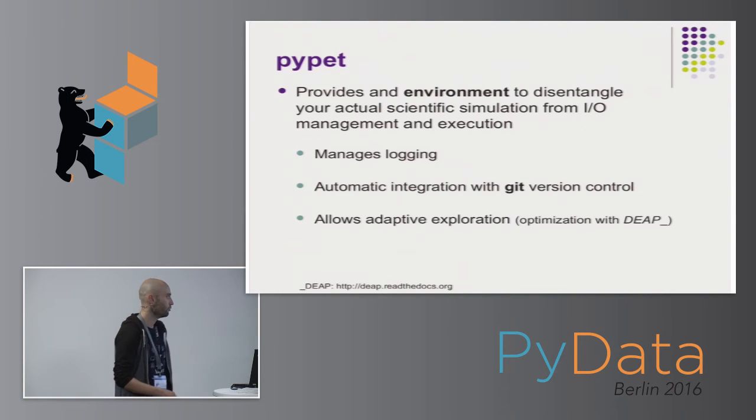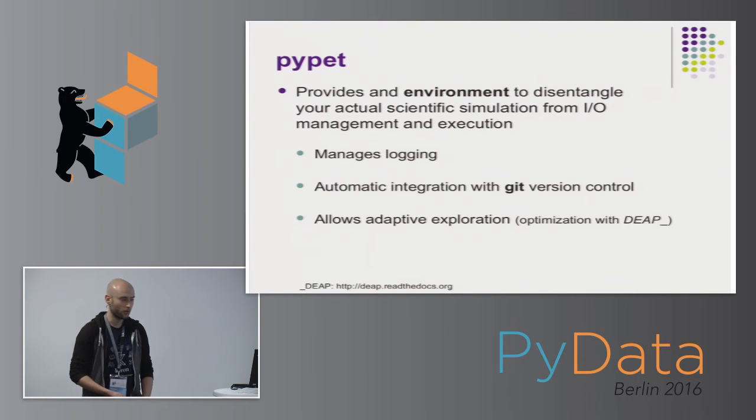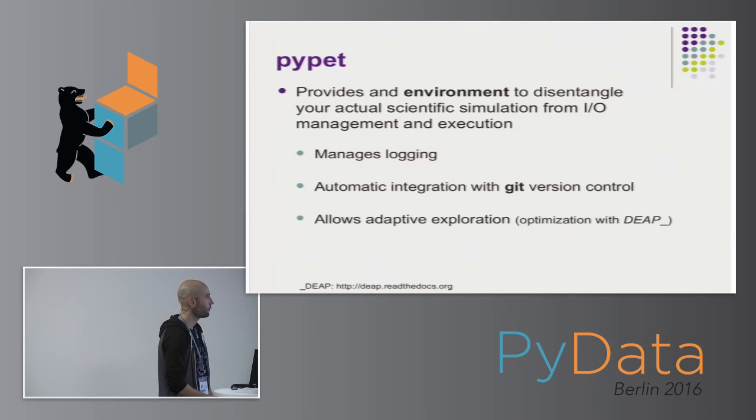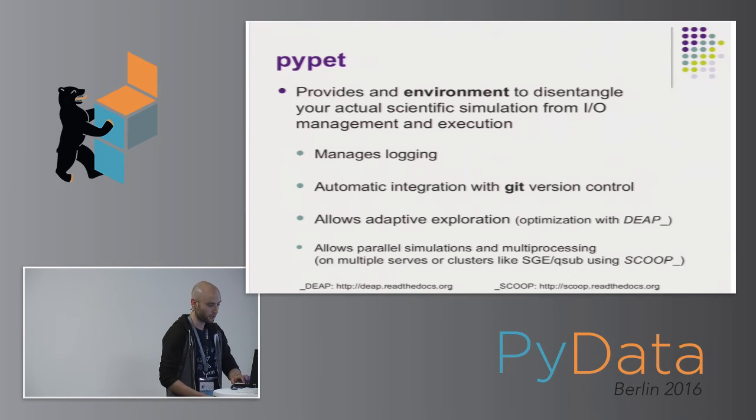Also, you don't have to specify the way you want to explore your parameter space in advance, so you can also do adaptive exploration, and if you have some search heuristic, you can combine it easily with pypet. For instance, if you know the DEAP library, you can use evolutionary algorithms to search the space.